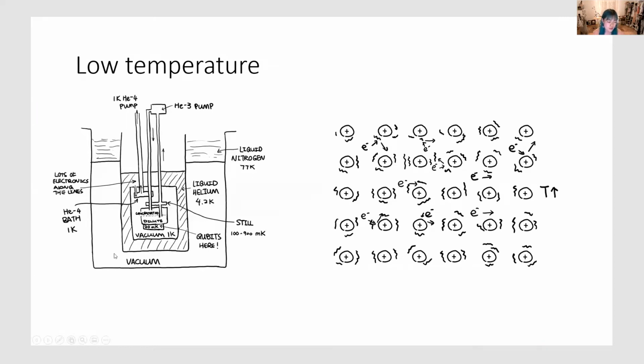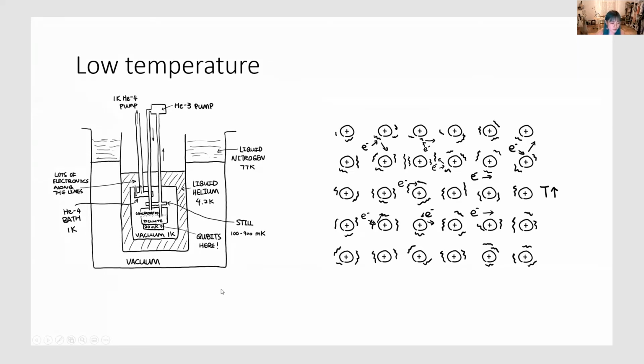The dilution refrigerator is what we use in the labs that can cool things down to really low temperature. It can go down to tens of millikelvins, maybe even lower. So near absolute zero, and it requires a very dedicated setup.